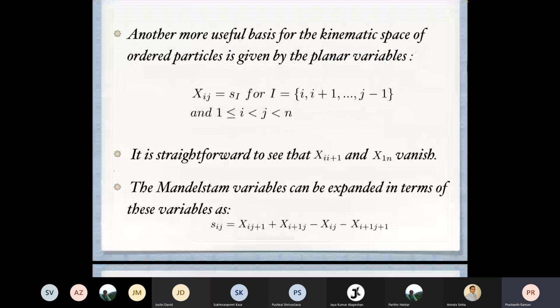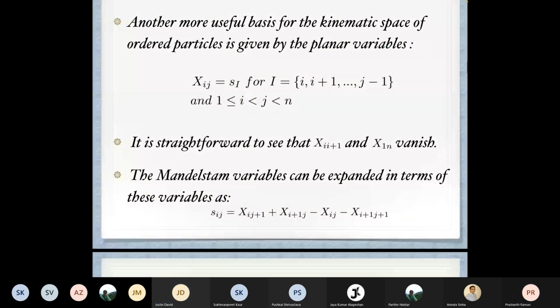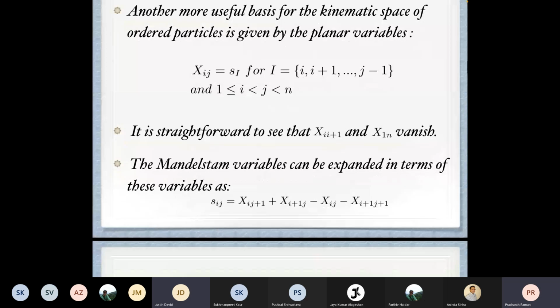So if you omit the last label, if you restrict i and j to less than n, then you can see that they are all independent. Okay. But if you write S_ij's like this, automatically S_ij's satisfy momentum conservation. Yes. Okay.